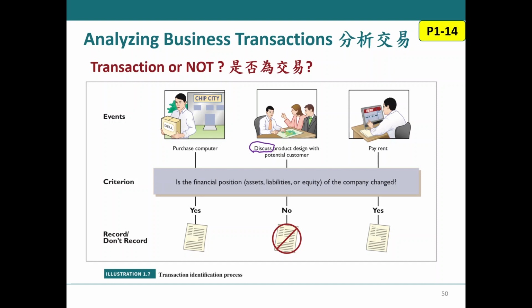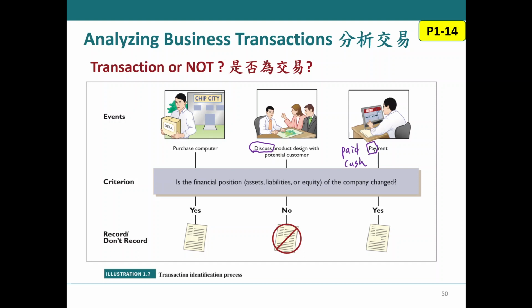You pay the rent. Is it a transaction? Yes, of course. You pay the money. Paid means pay cash. So of course, it's money. Is it a transaction? Yes. Do we need to record it? Yes, of course. Okay? For example, today we try to hire employees, so we do an interview with the employees.